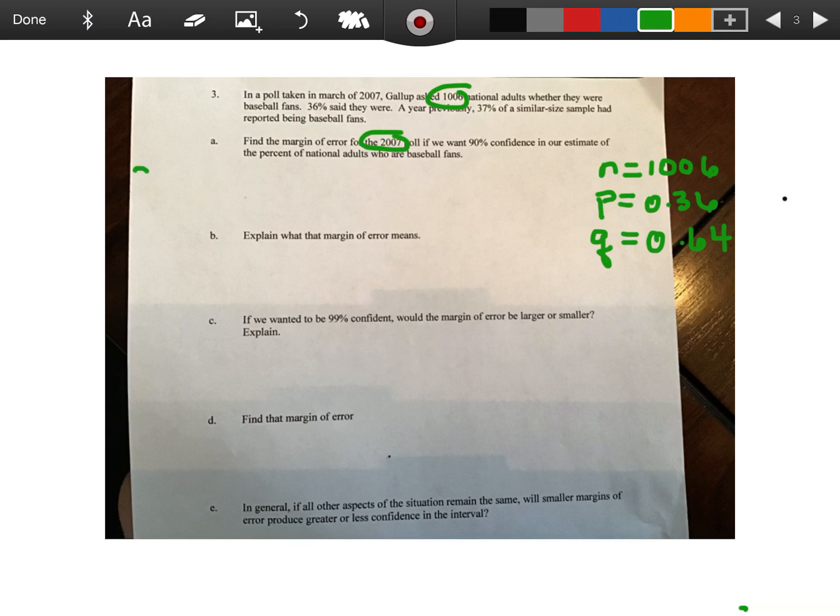So we're going to go ahead and find our standard deviation. The standard deviation of this situation is the square root of 0.36 multiplied by 0.64, all over my 1,006. I'm going to type this in my calculator. If you need to pause the video, do, to make sure that you get the same answers that I do.